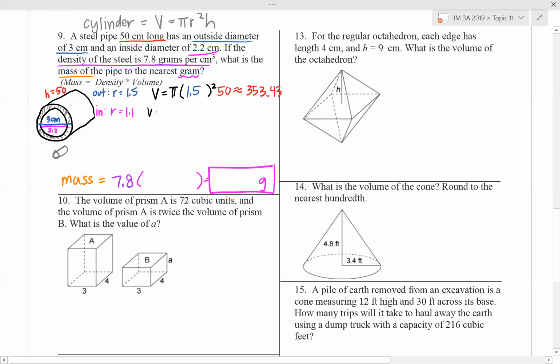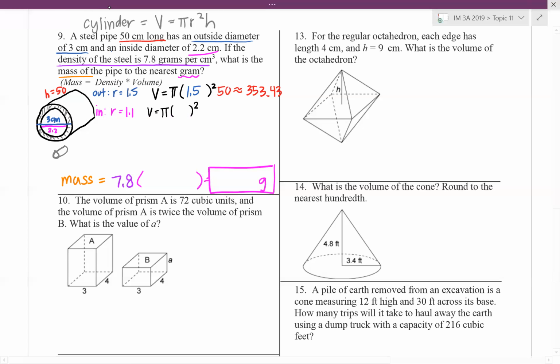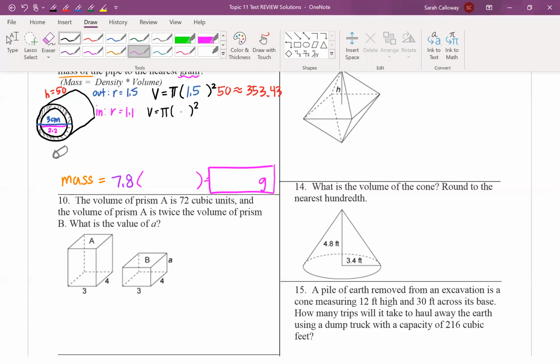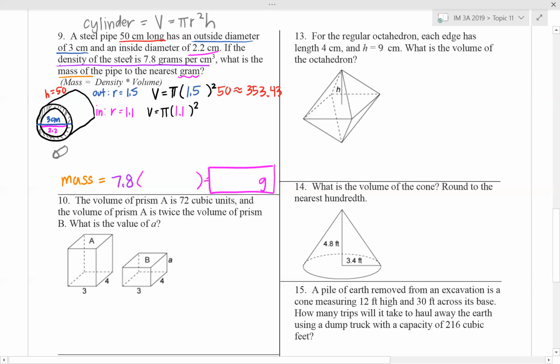So volume is still pi, this time times 1.1 squared times 50. And that is going to give us about 190.07.